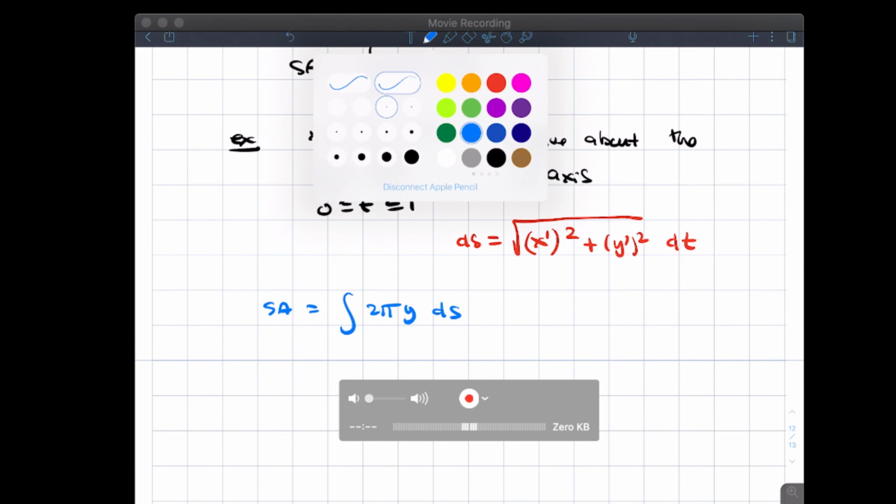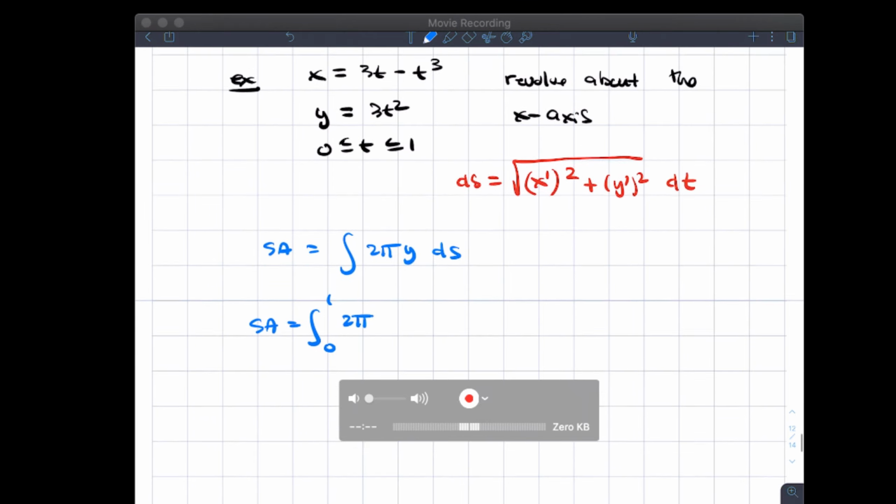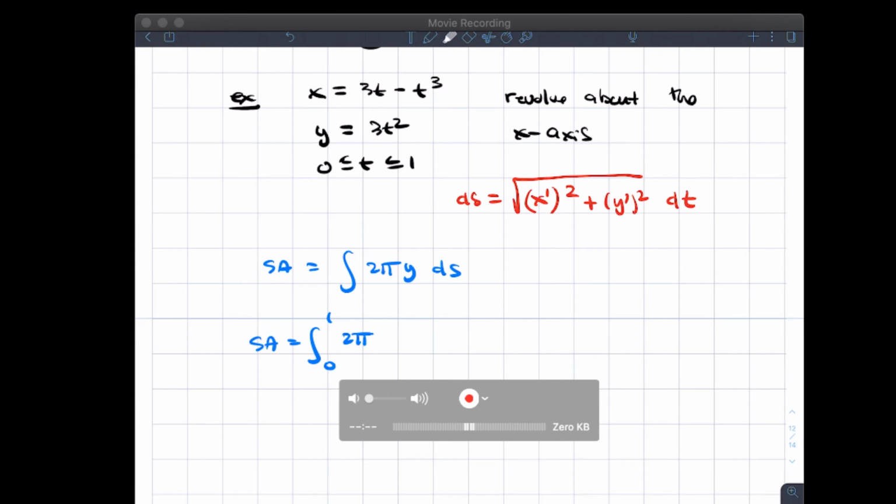So let's start to fill things in now. So this is going to be from 0 to 1, 2 pi. Now, here's where your y is. Y is actually 3t squared. That's the y that they're talking about. So I have to substitute for y the 3t squared.